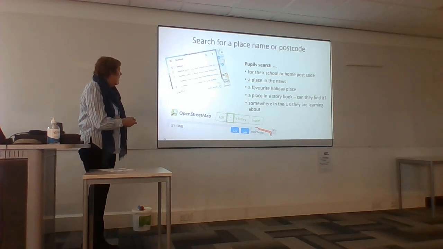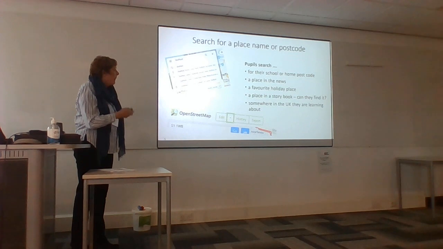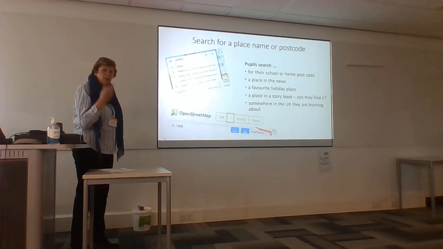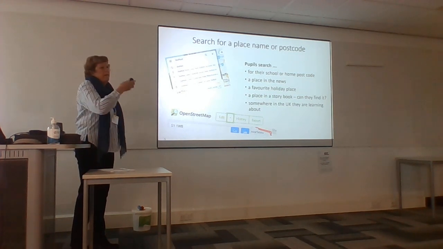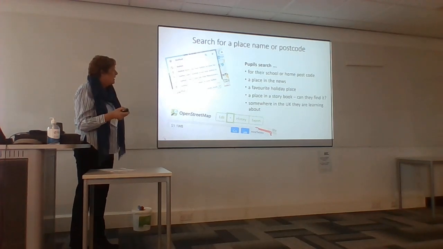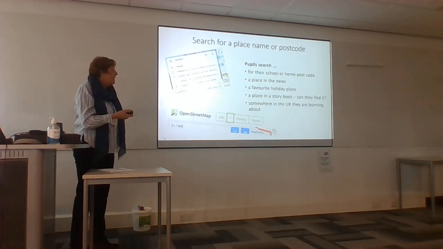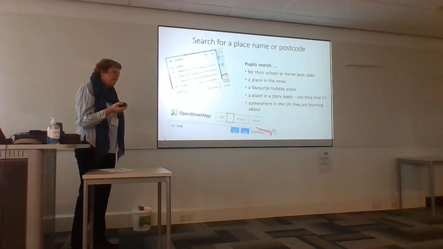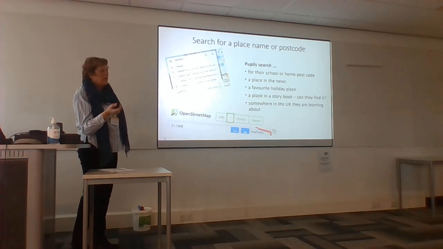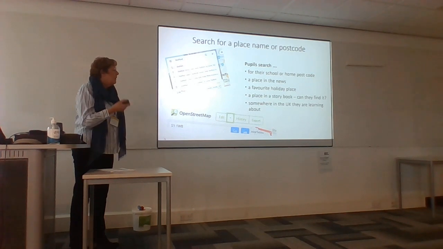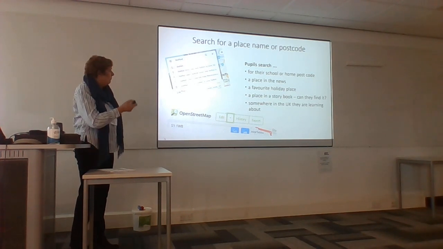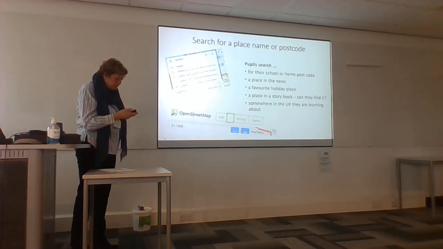So put in a postcode, put in a place name. Can they find their home, the school, where Granny lives, where they're going on holiday, whatever it is? Can they find a place in the news, or a holiday place in a storybook? Can they find that? They probably won't. Why can't they? Somewhere that they're learning about elsewhere in geography.